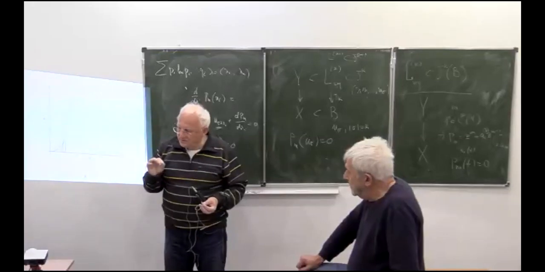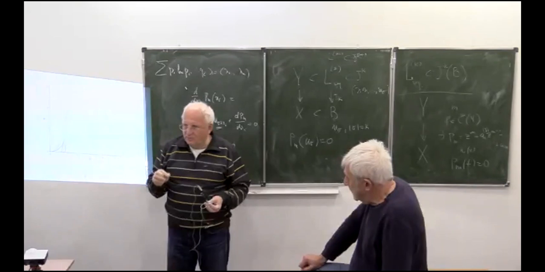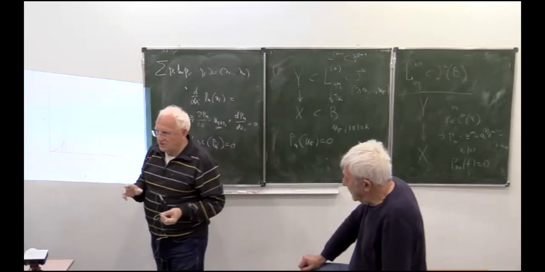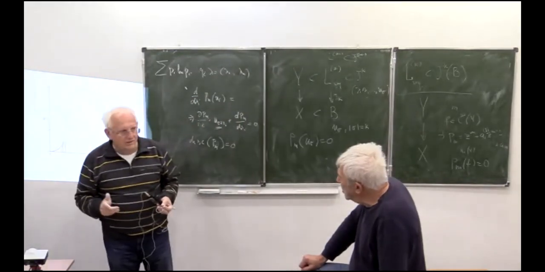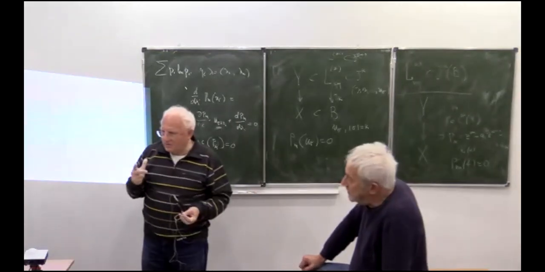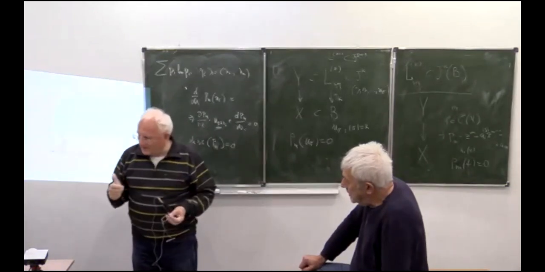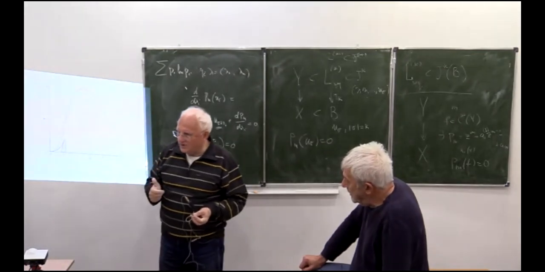And the first time it appeared, at least from my point of view, was in the paper of three mathematicians, Gelfand, Kolmogorov, and Yaglom. They published a paper where they explained how to write entropy or entropy-like objects in the case of continuous distributions.